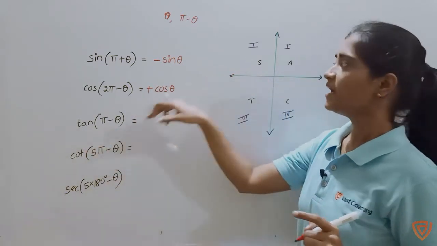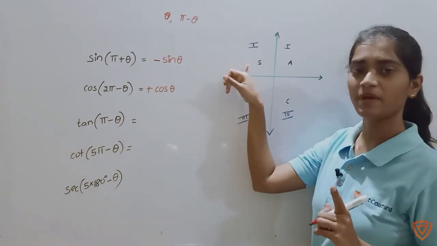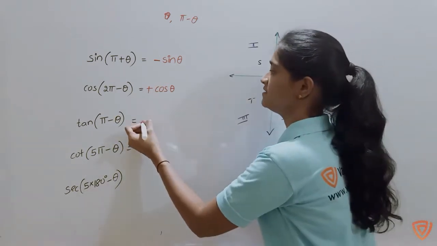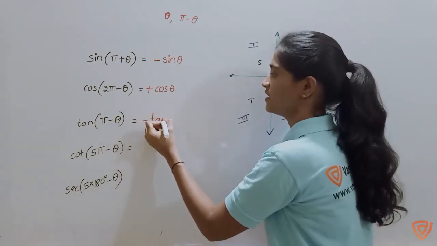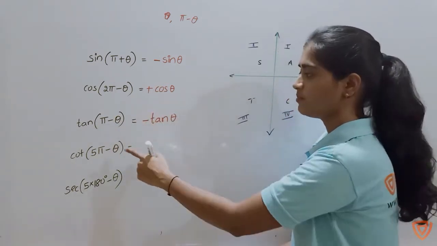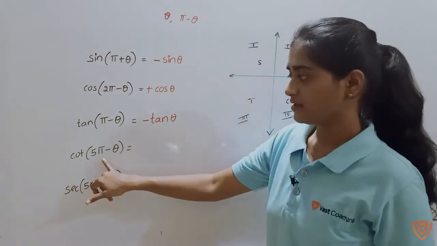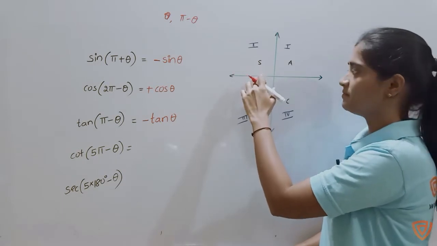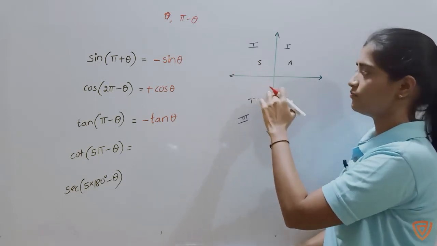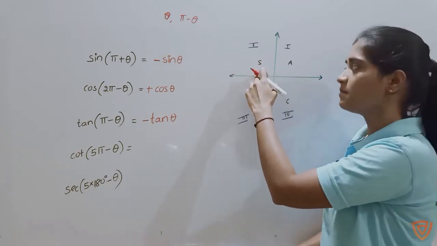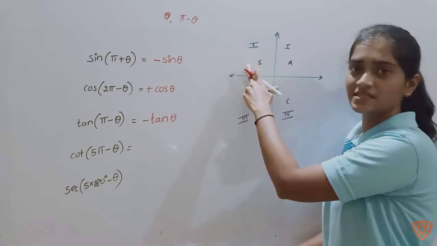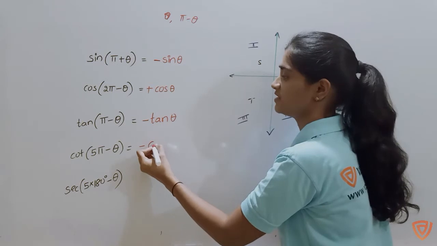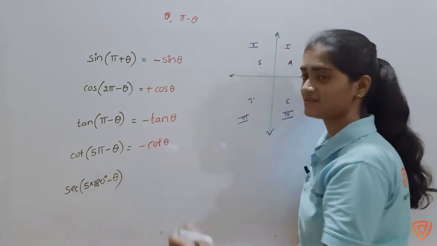Tan is negative in the second quadrant because only sine and cosecant are positive. So it will be minus tan theta. What about cot 5 pi minus theta? 5 pi, this is 1 pi, 2 pi, 3 pi, 4 pi, 5 pi. 5 pi minus theta falls in the second quadrant. Cot is negative. So you just write minus cot theta.